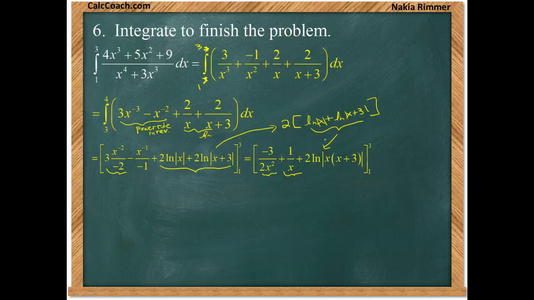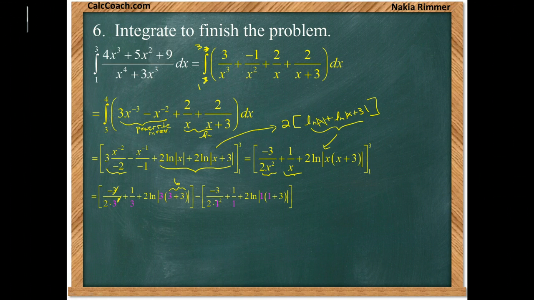All ready? Now let's plug the 3 in. Every place we see an x. And plug a 1 in. Every place we see an x. What happens is this 3 will cancel with the negative 3 from the numerator. And then this guy is a 6, so 3 times 6, that's an 18.